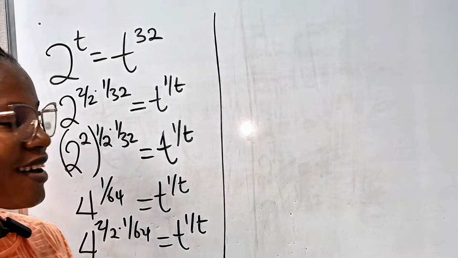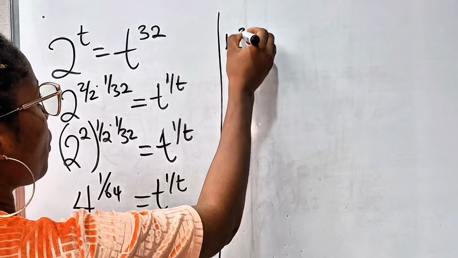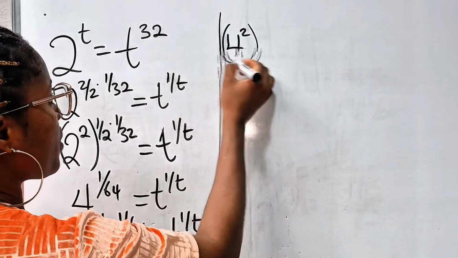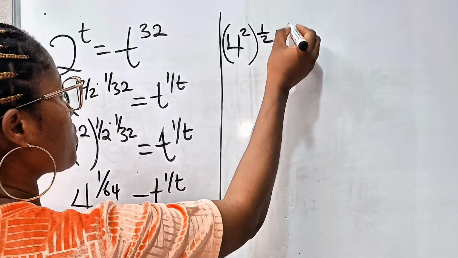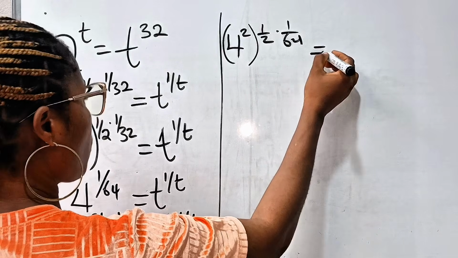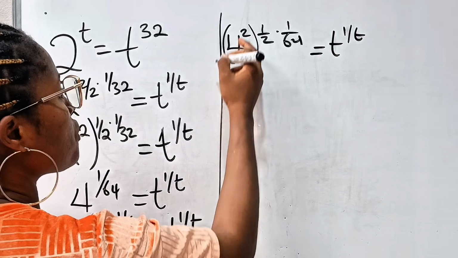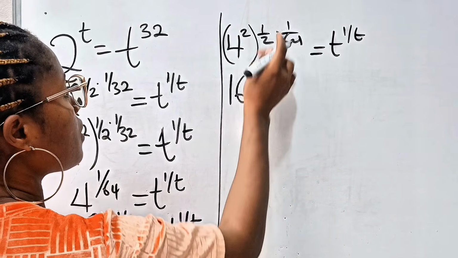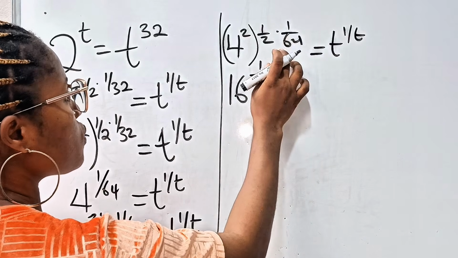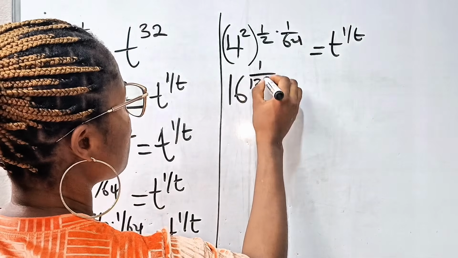Now, moving forward, we have 4 to the power of 2, just like I did here. And this will be 1 over 2 remaining, right? Multiplied by 1 over 64 is equal to t to the power of 1 over t. Now, 4 to the power of 2 is 16. 1 times 1 is 1. 2 times 64 is 120 plus 8, which is 128.